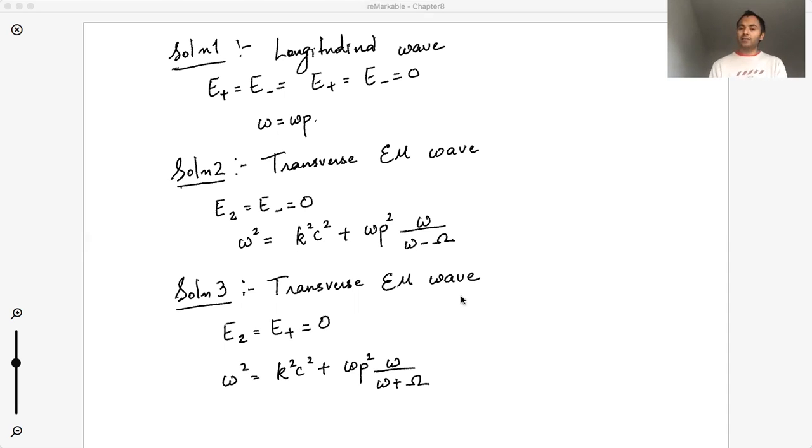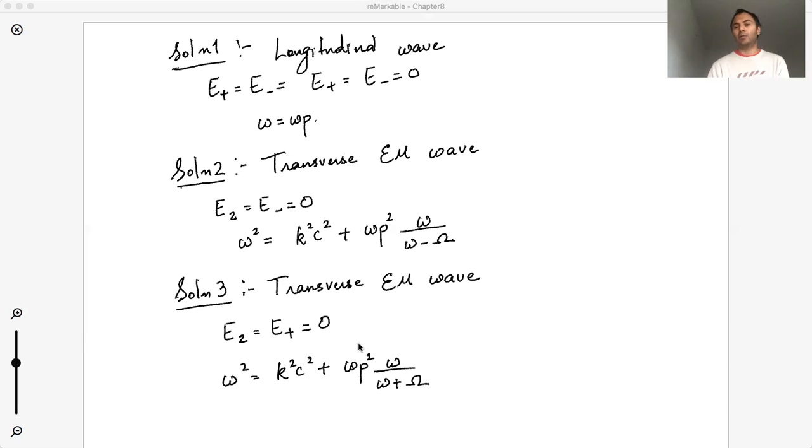Now, in class, we'll do a problem where we'll show that this is what is canonically called the Faraday effect, where if you take a linearly polarized wave, then its plane of polarization rotates as it propagates through a medium which is magnetized. And so we call that the medium is birefringent, and the effect is called the Faraday effect or Faraday rotation.